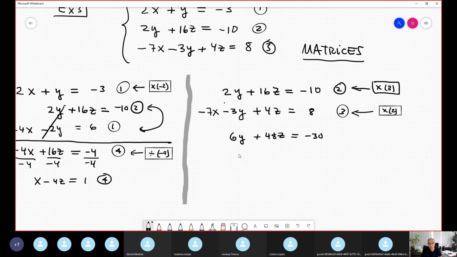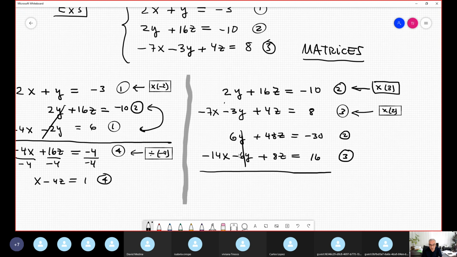Okay, this is my equation 2, identical. Now, multiplication by 2 of equation 3 is negative 14x minus 6y. Wow, I like that because it cancels out. Plus 8z, because 2 times 4 equals 8, that's equation 3.